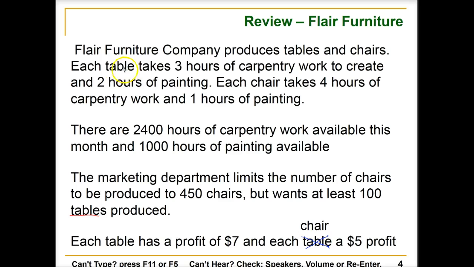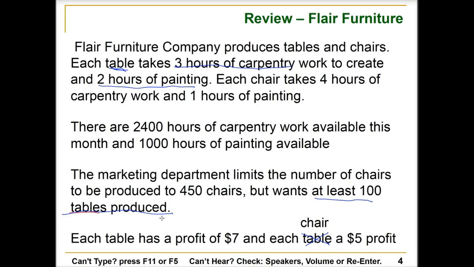So here it says each table takes 3 hours of carpentry work and 2 hours of painting. So that's for the table. We also see that for the tables, we have at least 100 tables produced. So we have that information as well.